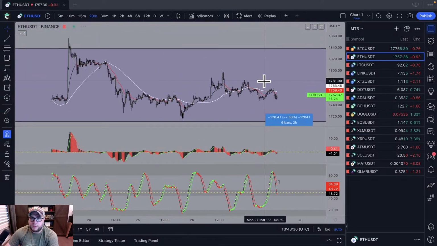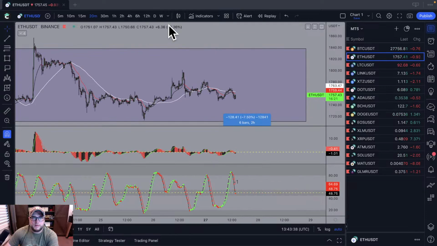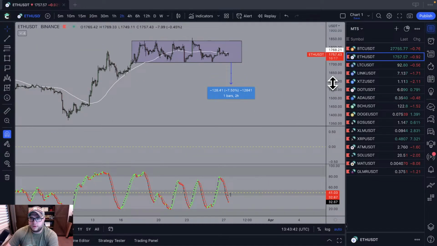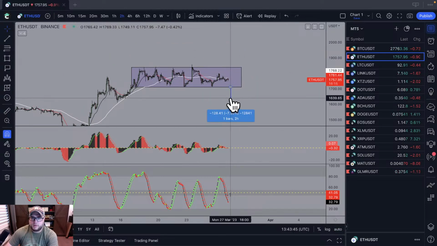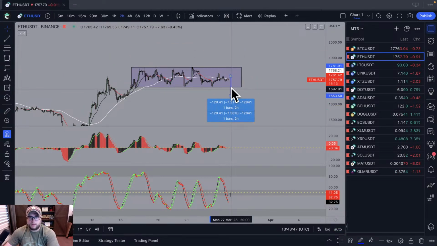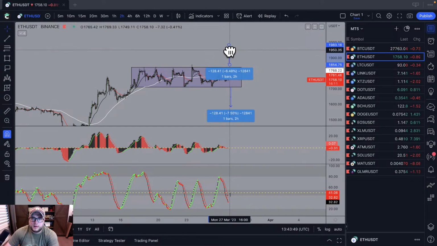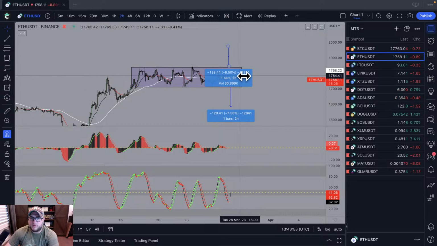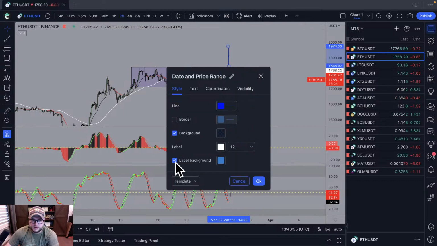So let's go back to our charts. I think we're on the 2-hour chart. Yeah, so here's your rectangle. Move this. So that is going to be your movement. So if we break downwards, let me see if I can change this.